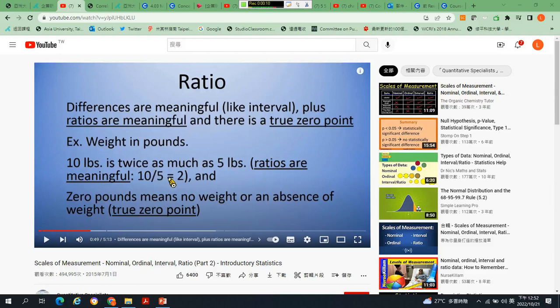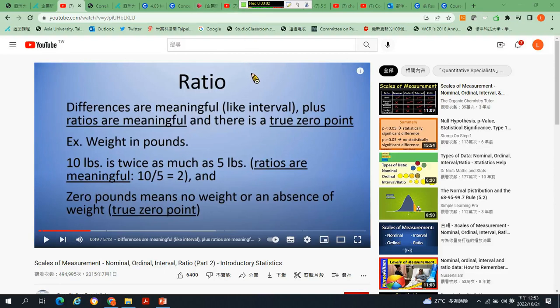We can see that someone has a weight twice as much. 10 pounds is twice as much as 5. Ratios are meaningful. That's because here there's a true 0 point. 0 pounds means no weight, or an absence of weight.